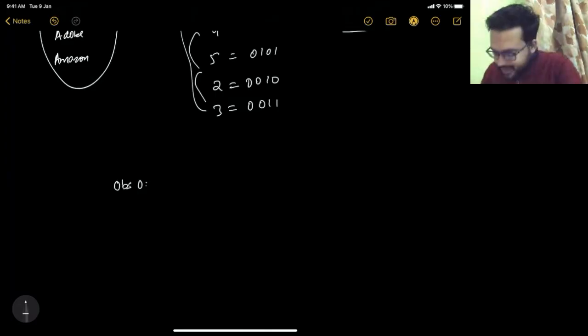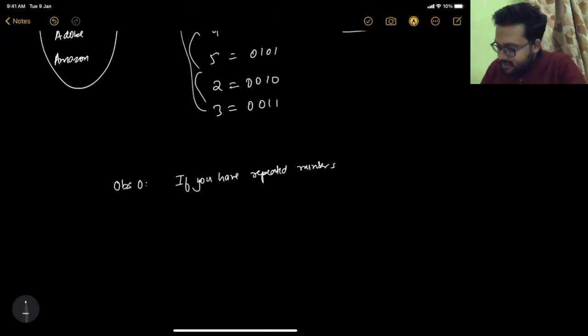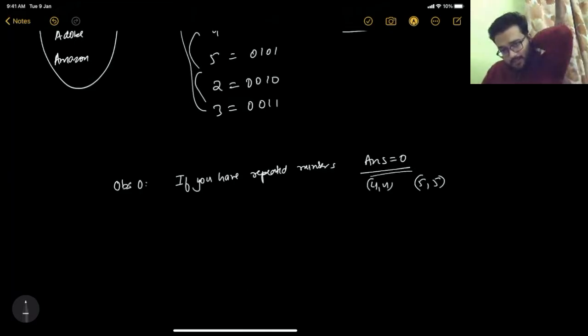Now, the observation 1 that I would want to make is the following. If I don't have any repeated numbers, because if I had repeated numbers, I've already solved for it. The only thing remaining to be solved is, what if I did not have any repeated number? If I don't have any repeated number, how many of you understand that the XOR value will have at least one set bit?